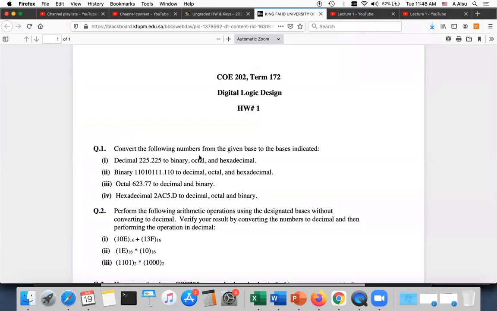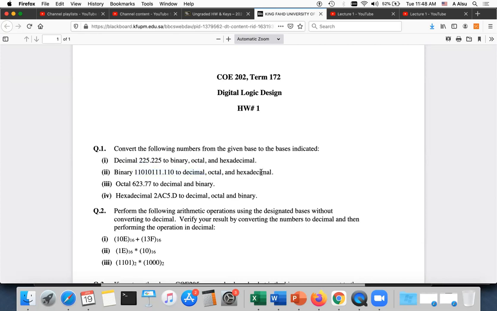So here: convert the following numbers from the given base to the bases indicated. From decimal, this one, to binary. We haven't covered the fraction yet, but you can do the integer part from now. You want to convert it to binary, octal, and hexadecimal. Then convert this binary to decimal. We have done this already.